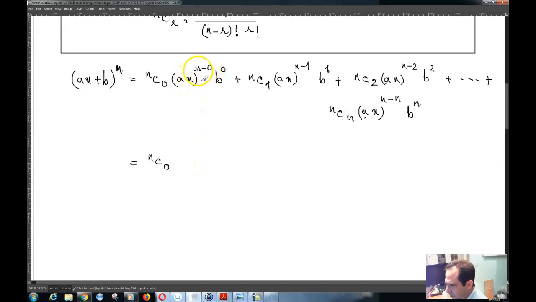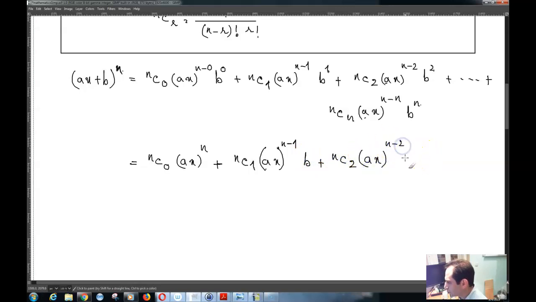Now n minus 0 is equal to n, so that's a times x raised to the power n, b raised to the power 0 is equal to 1. And then you have n combination 1, ax raised to the power n minus 1 times b, plus n combination 2, ax raised to the power n minus 2, b raised to the power 2, plus all the way up to n combination n, ax raised to the power n minus n, which is 0.